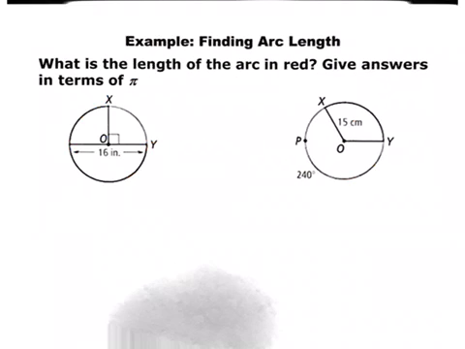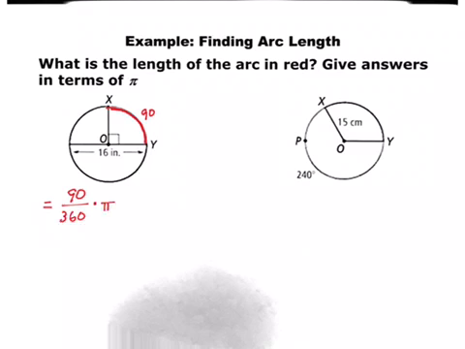All right, so let's take a look at this. First example here, what is the length of the arc in red? For us, this happens to be in black and white, so I'll indicate where the red is supposed to be. It's this section here. We know that this would be 90 based on the right angle inside. So we're looking for the arc length here. The formula calls for arc measure, so 90 over 360 times our circumference, so pi times diameter, because we have 16 as the diameter.